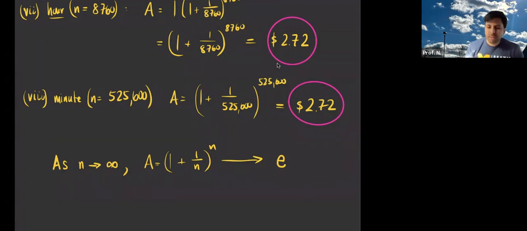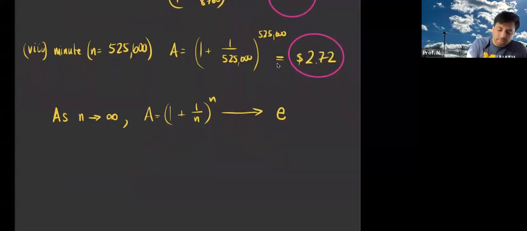That's what this approaches. You're like, what? It's a letter? Yeah. e is a constant. It is known as Euler's constant.